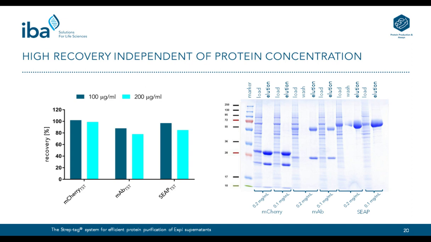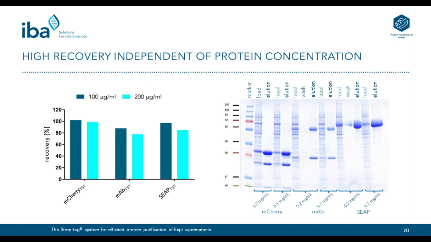On the left side, you can see that the concentration of proteins in the supernatant had no big influence on the recovery for all proteins, and we were able to achieve very good recovery rates, close to 100% for the mCherry protein and 80 to 90% for the monoclonal antibody and secreted alkaline phosphatase.